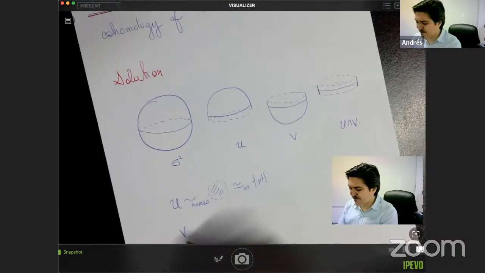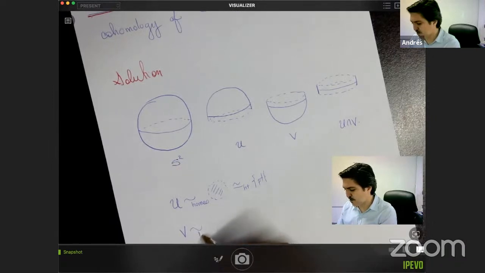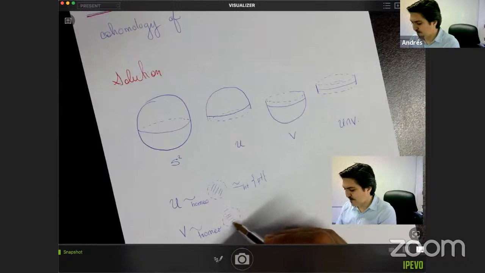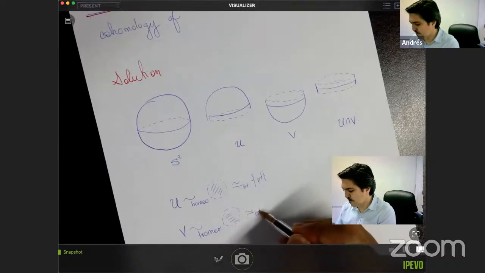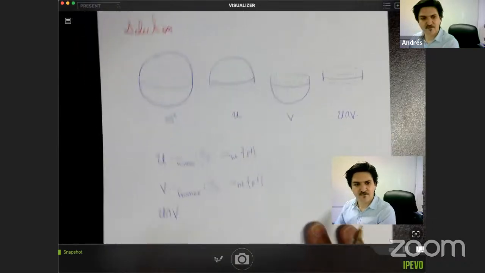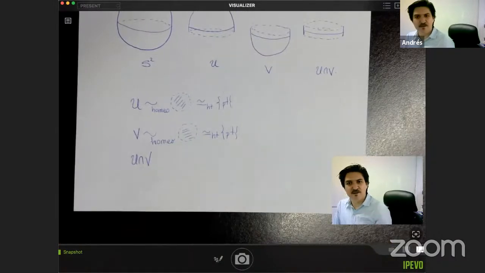And there's nothing different about the other hemisphere, so this is homeomorphic to an open disk in R2, and you have the homotopy type of a point. And what about the intersection?